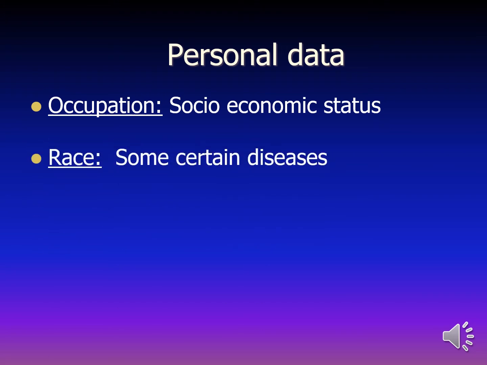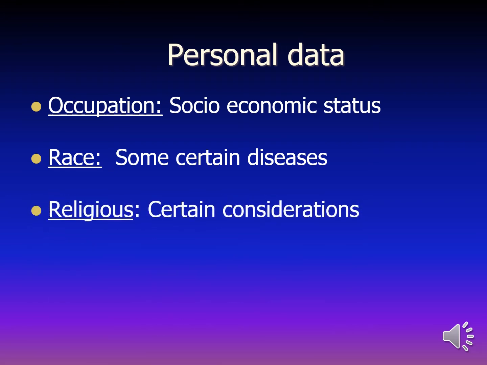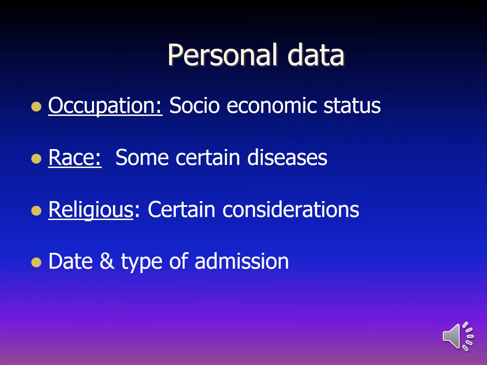Race: some diseases are common in some races, for example basal cell carcinoma is common in white persons living in sunny areas. Religious consideration, which I spoke about before: some religions prohibit circumcision and some others ask for it. Lastly, write the date and type of admission, and the hospital number you gave to the patient.